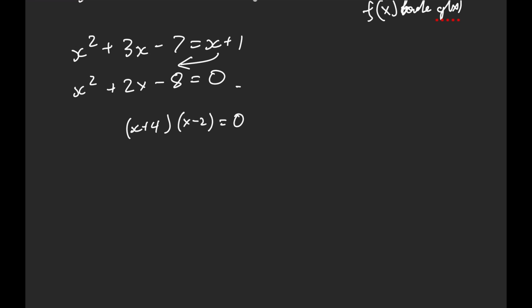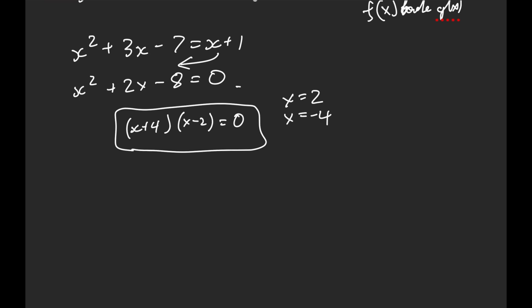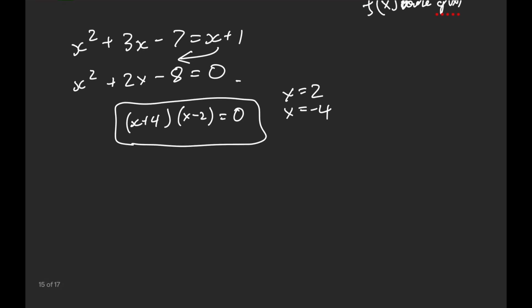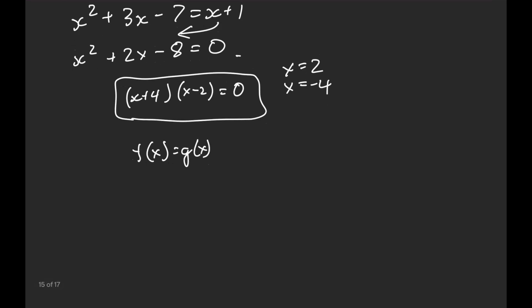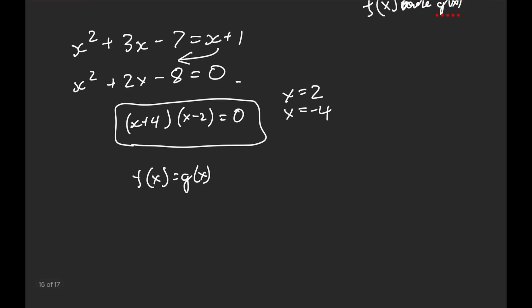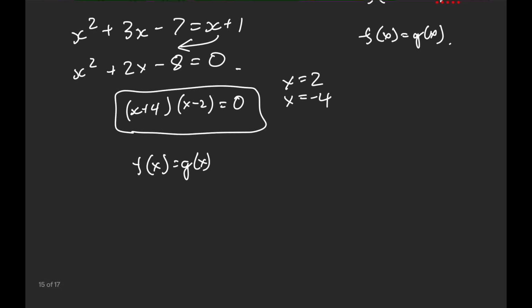So we know that to make this statement true, x must be 2 and x must be negative 4. And since this statement was just derived using algebraic manipulation from our previous statement, f of x equals g of x, what we've essentially done here is we've just solved the x values that satisfy f of x equals g of x.